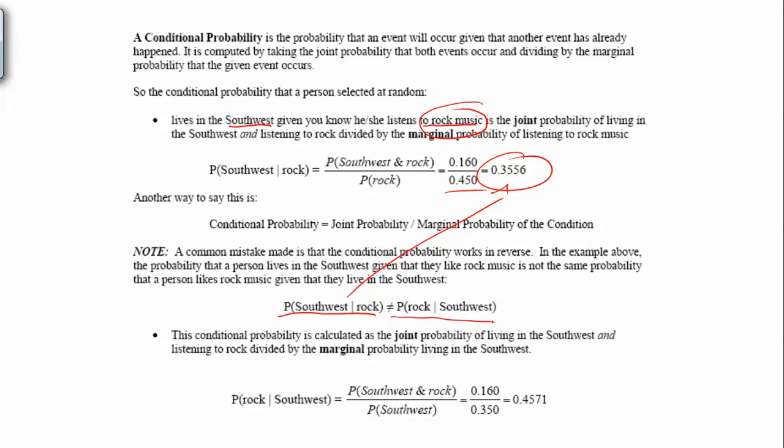However, the probability that a person listens to rock given that they live in the Southwest is different. Because if the conditional statement is that they live in the Southwest, it eliminates all of the people that don't live in the Southwest. So Northeast, Northwest, Southeast. There are 350 people that live in the Southwest. So the probability that that is true is 45%.